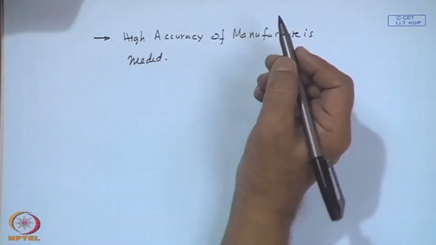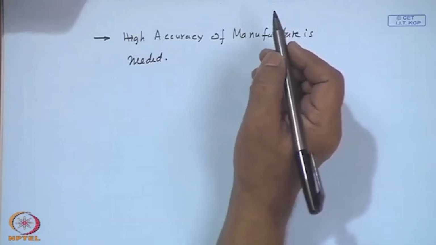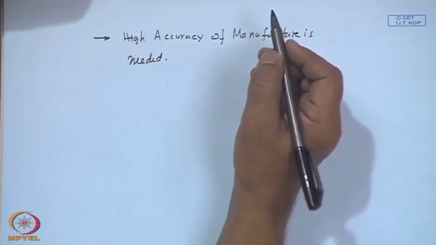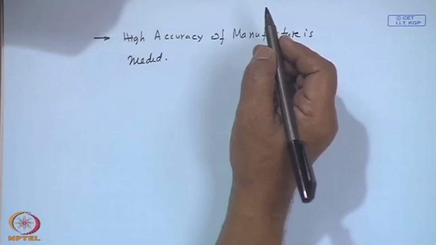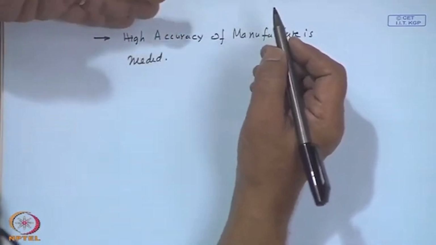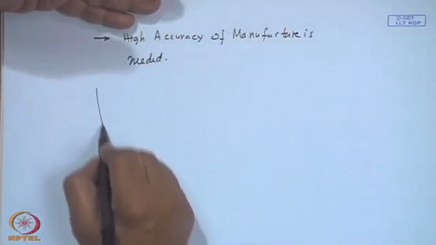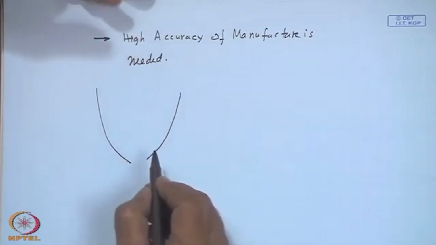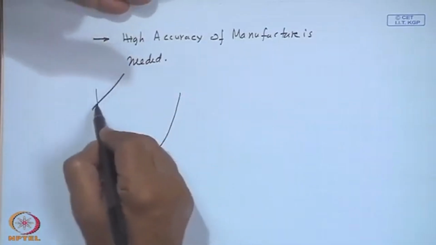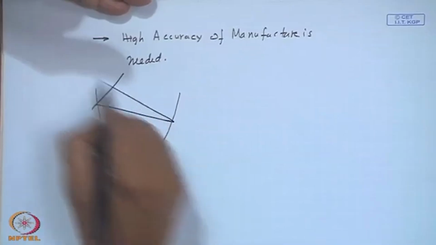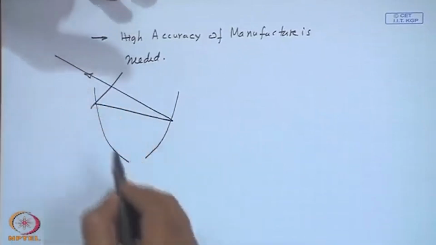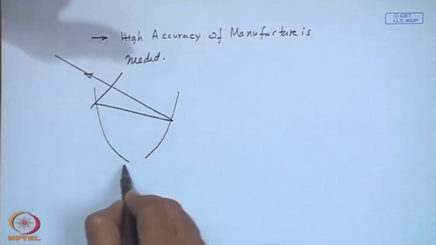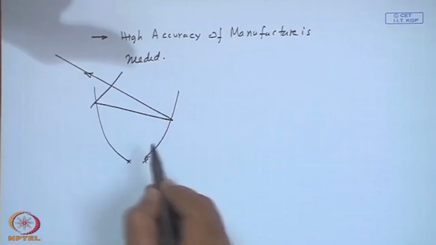This is not to say that we need not have high accuracy for a flat plate collector or a regular concentrating collector, but the issue here is if you have got imperfect reflectors, it may have multiple reflections and get out and do not reach the focal point 1 or 2.